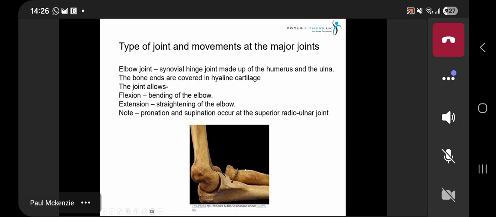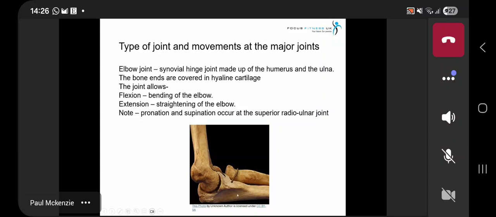This example here, this is the elbow. So this is your humerus and ulna and radius. So the elbow joint is a synovial hinge joint made up of the humerus and the ulna. The bone ends are covered in hyaline cartilage, and we have flexion, which is bending the elbow, and extension, which is straightening it. Okay. We also have pronation, which is turning the palms down, and supination, and they occur, it says, at the superior radio-ulnar joints.